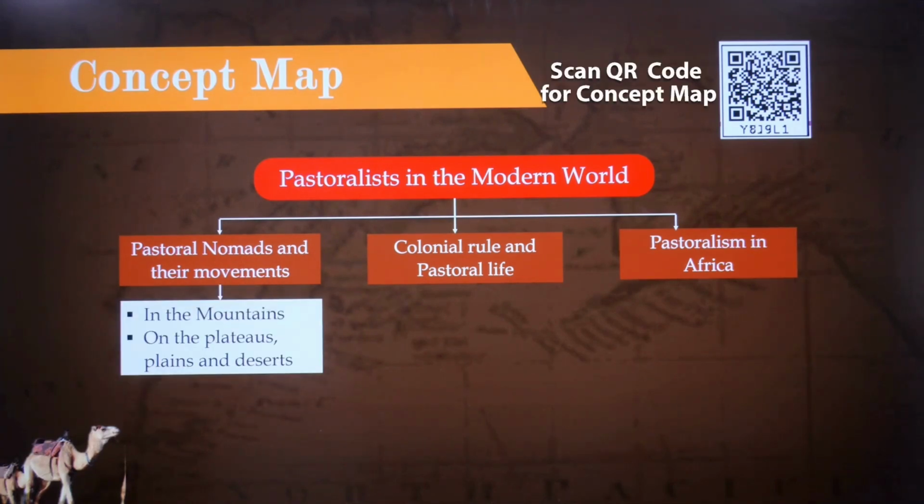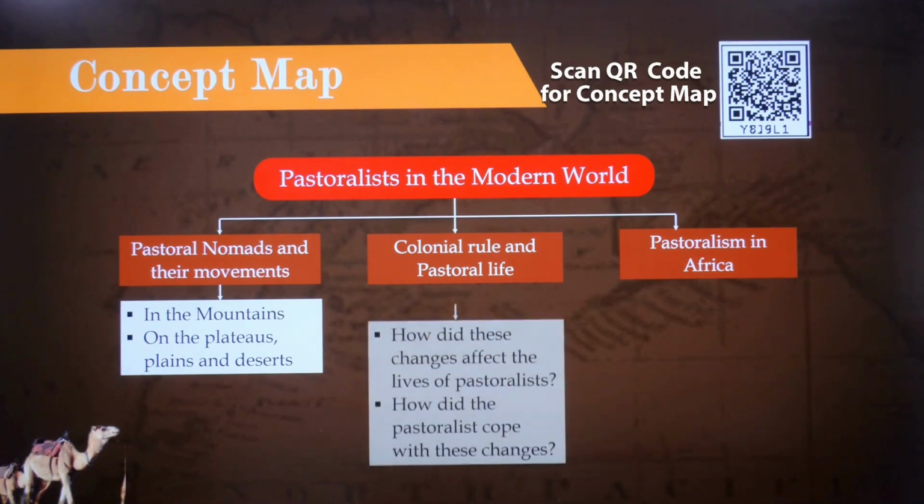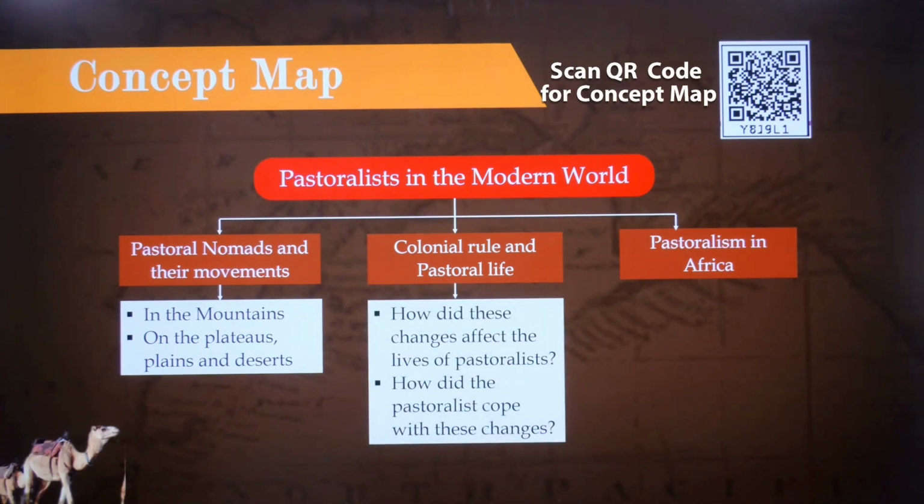In the first major concept, we study about pastoralists in the mountains, plateaus, plains and desert areas. In the second major concept, we study about how did these changes affect the lives of pastoralists. How did the pastoralists cope with these changes?